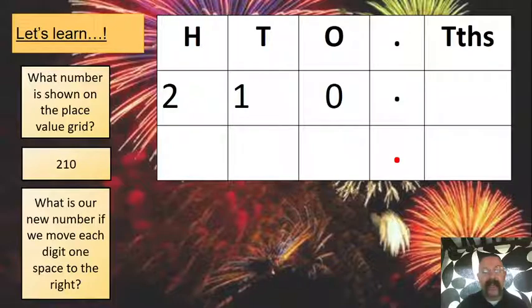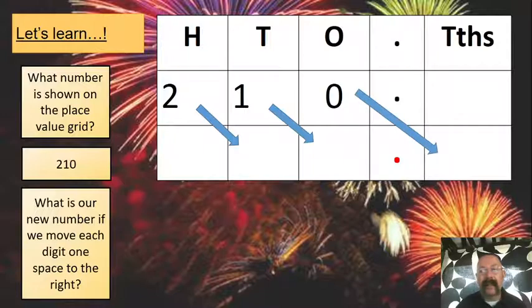You can write that down on a piece of paper if you've got a piece of paper in front of you. And hopefully you can see that our 200s now become 2 10s. Our 10 is going to become a 1, and our 0 would actually end up in the tenths column, and we'll talk a little bit more about that in a moment.